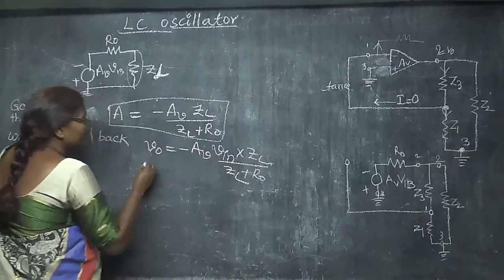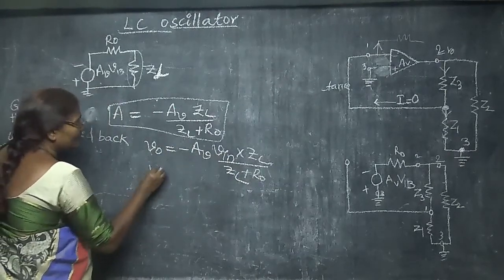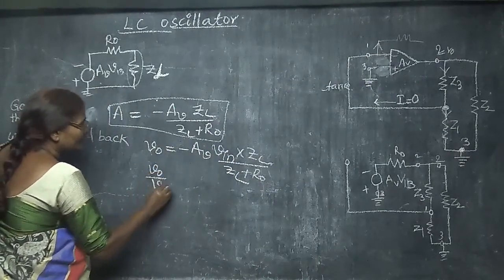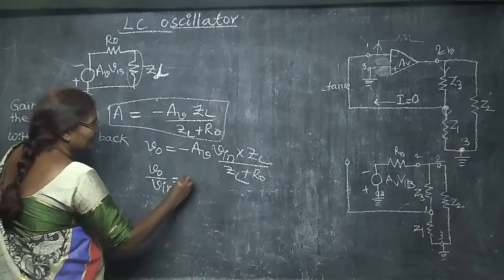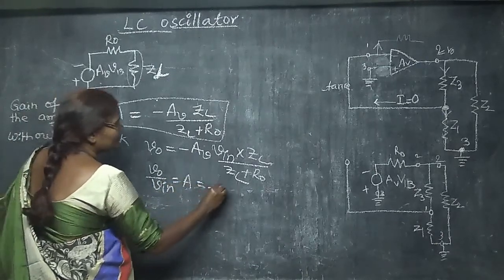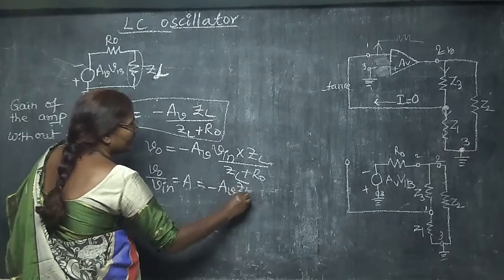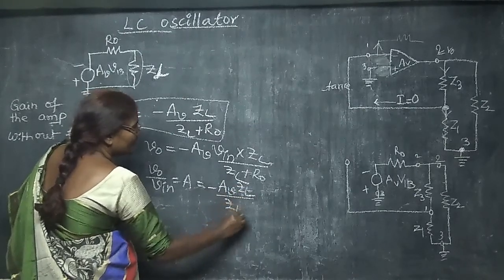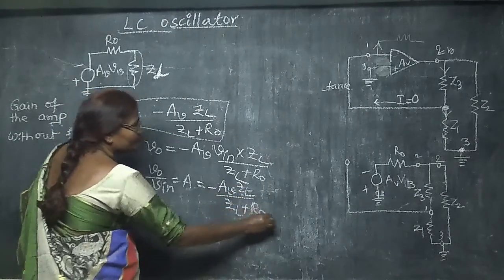So what is my V0 by Vin? V0 by Vin is nothing but A, that is minus AV ZL by ZL plus R0. Is it clear?